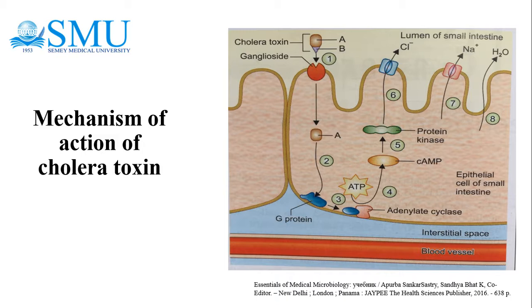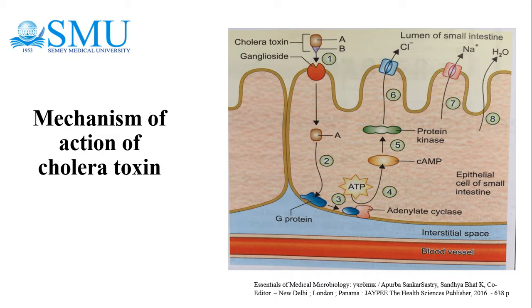The result is the intracellular accumulation of cyclic adenosine monophosphate, and the increase in cyclic adenosine monophosphate leads to, in the small intestine, inhibition of the absorptive sodium transport system in villus cells and activation of the secretory chloride transport system in crypt cells, which lead to the accumulation of sodium chloride in the intestinal lumen.